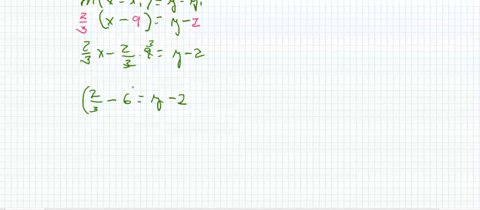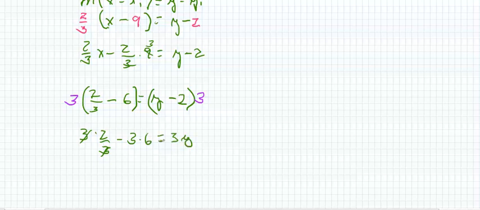And to kill it, we're going to multiply both sides by 3. And we end up with 3 times 2/3 x, the 3's cancel, minus 3 times 6 equals 3 times y minus 3 times 2.